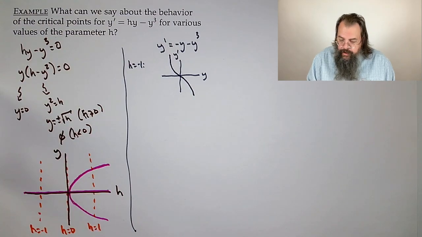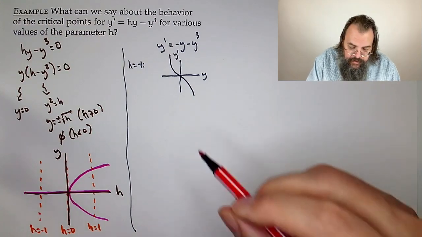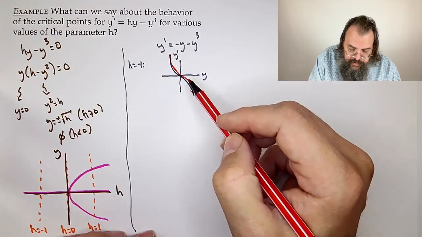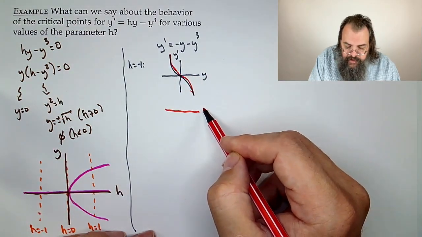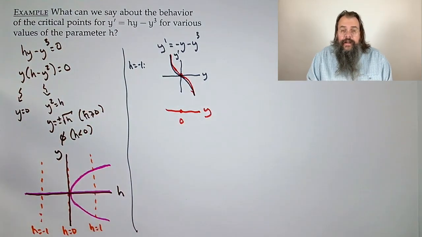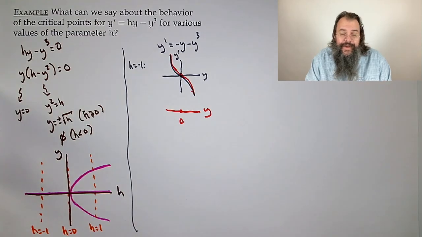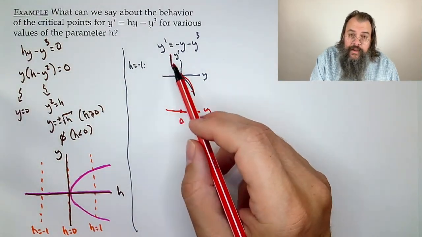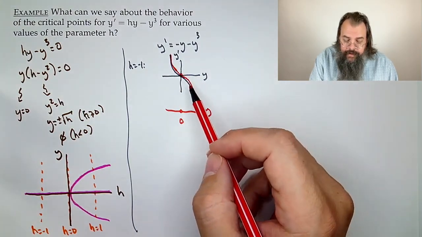All right, well, now we say, okay, probably should have chosen a different color, just to emphasize. In terms of the phase diagram, well, there's only one root, which is 0. Now, what can we say about this? Well, we see that below 0, y prime is positive. Above 0, y prime is negative.